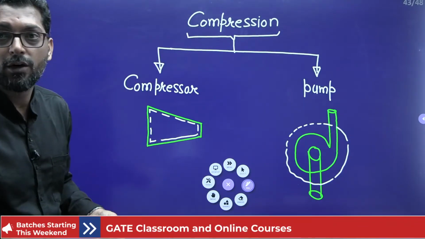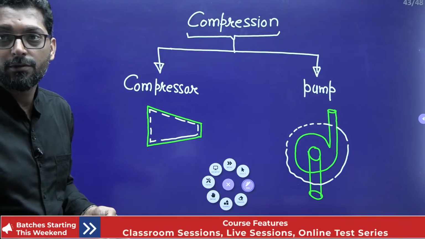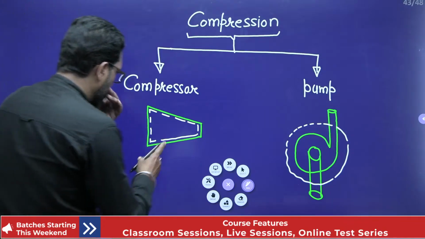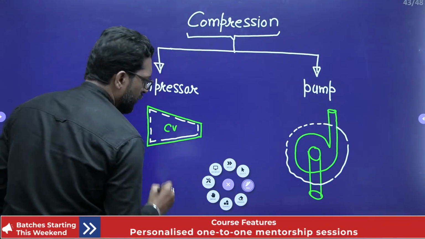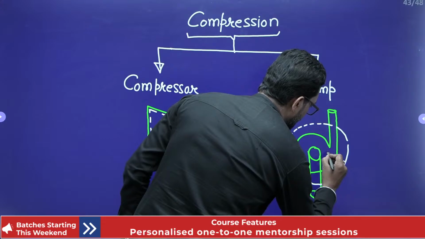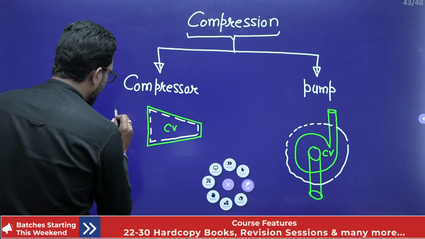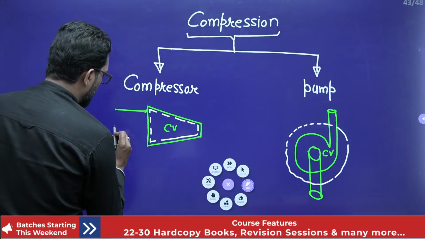Will the efficiencies of other reversible cycles be the same or different? No, I will already explain, no problem. This is a control volume, this is also a control volume. So this is a pump. Now, let's suppose this is a compressor.